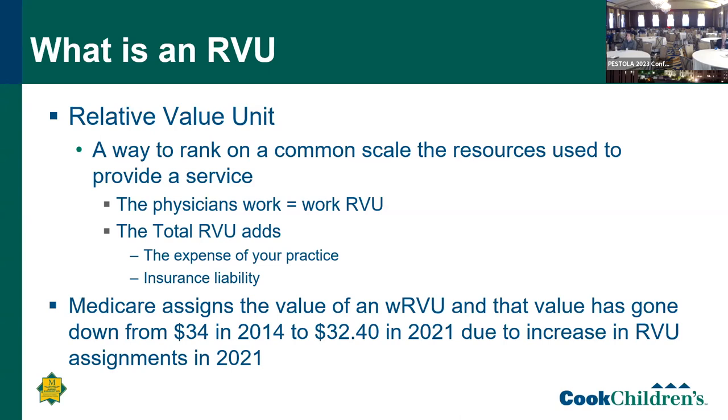So CMS recognizes that we have to see patients, that it costs us to rent a place to do it in, and that we have to pay malpractice insurance. They've assigned the value of a work RVU and a total RVU as well, but I'm primarily going to focus on work RVUs. If I ever leave the W out, just assume that's what we're talking about from here on in.